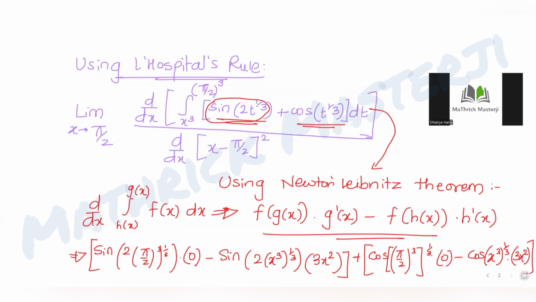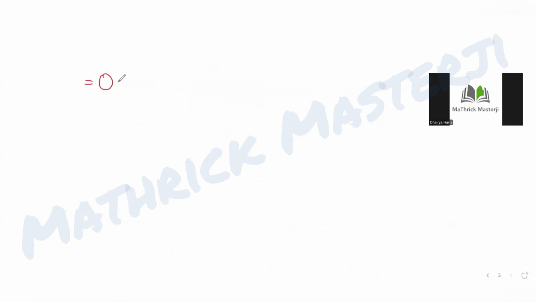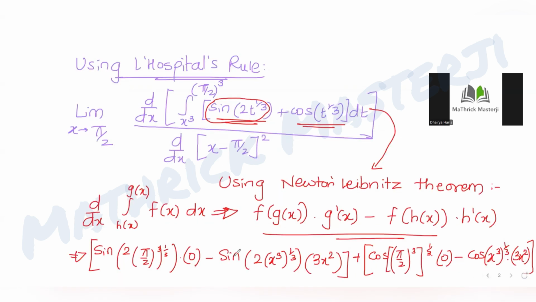Now further, if I try to solve this expression, I get 0 minus, the x^3 raised to 1 over 3 is basically x.